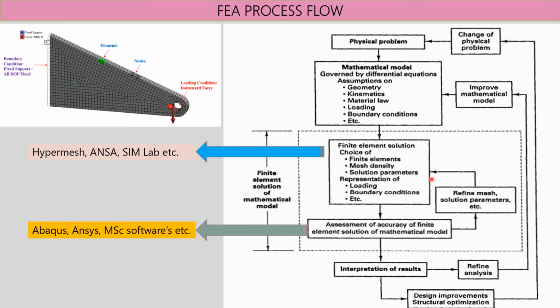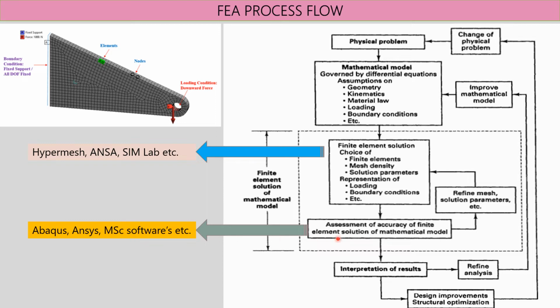All this process can be done using HyperMesh, ANSYS, or SimLab as pre-processing tools. Then we go for running the model. Once the model setup is done, we need to run the simulation to see the behavior and the outputs. To run the simulations, we can use Abaqus, ANSYS, or other solver tools.